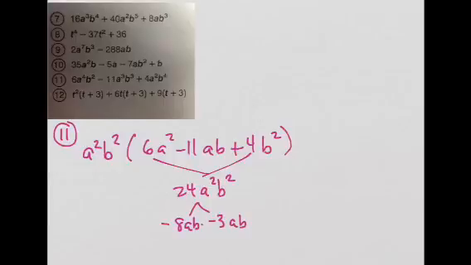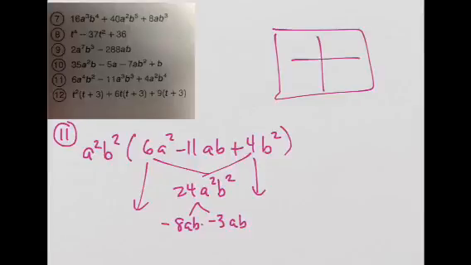Okay, so you don't have to bring down, you know how I always bring them down like that. You don't have to do that. You can go straight to the box and just make sure you put in the first term there. The two that I just found factors for, negative 8ab, negative 3ab. And then the last term right here in the last remaining box.